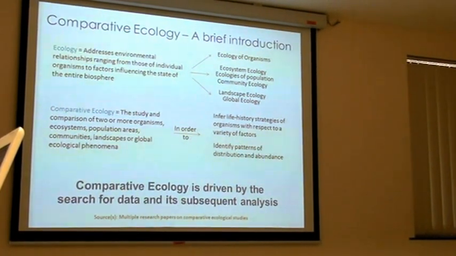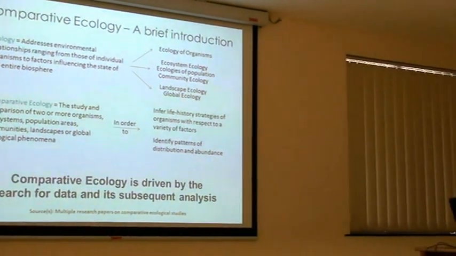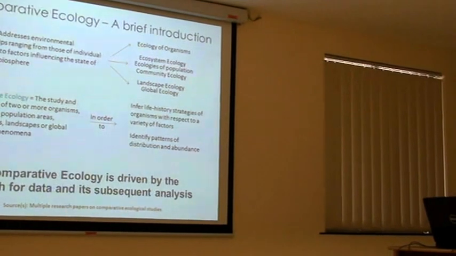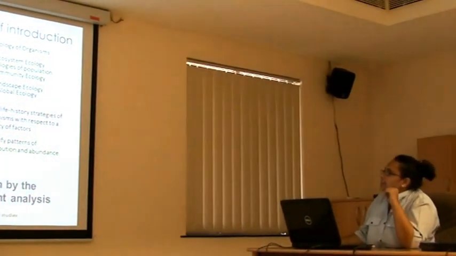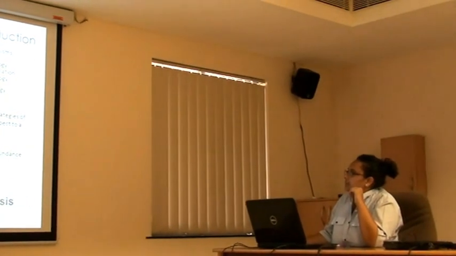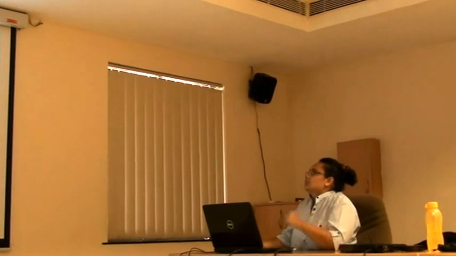They fall into one branch where you're looking at particular sets of organisms and systems together. And then you've got the harder branch of ecology, as I like to think of it, where you're looking at landscapes and global ecology, where you're looking at the entire system and how it grows and progresses over time.